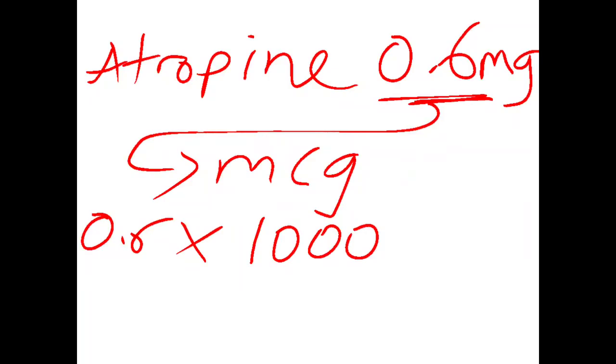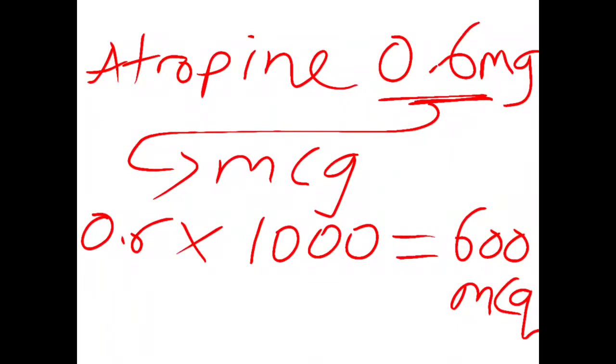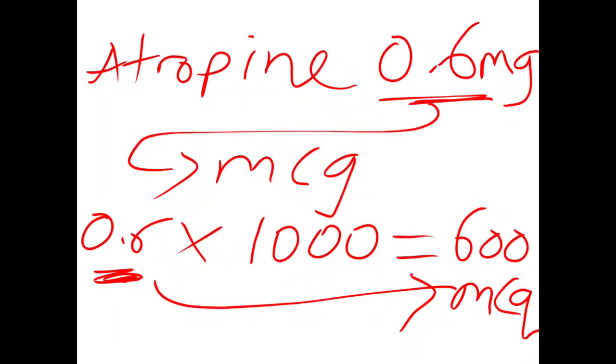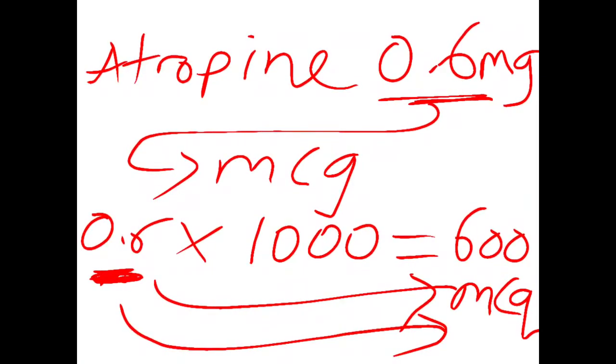That's why we are multiplying it by 1000, and at the end of the day you're going to get 600 micrograms, meaning if you have 0.6 milligrams, this is equal to 600 micrograms. And this is what we are talking about in terms of conversions.